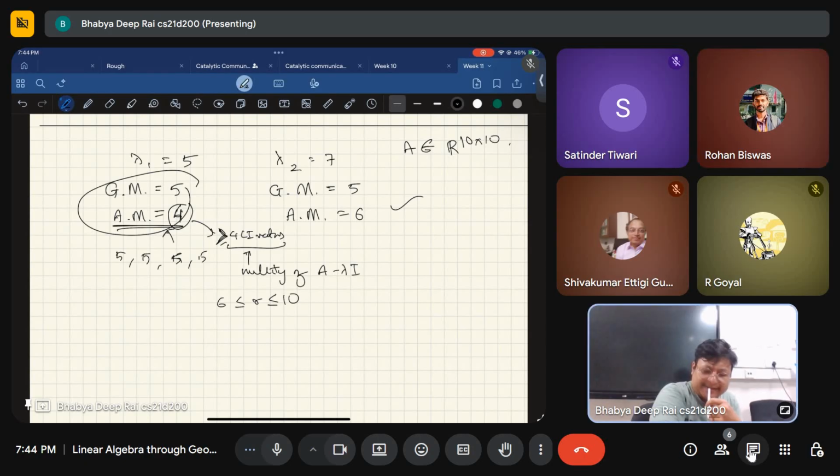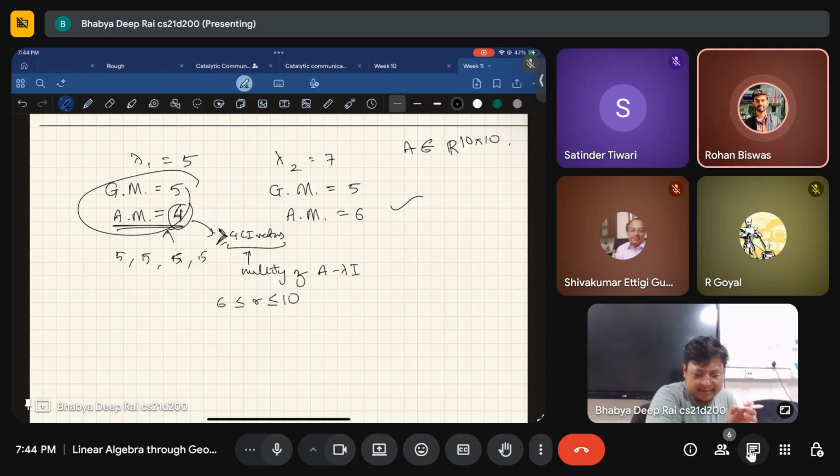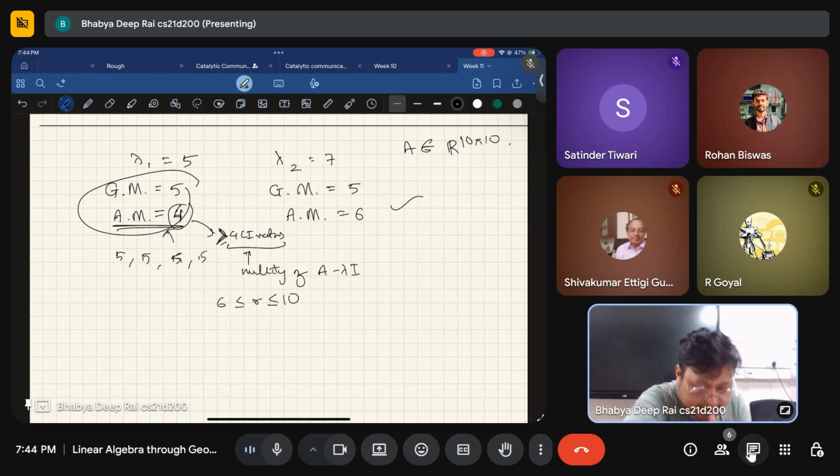Right. And if it fails, suppose rank becomes 5, then that is the problem. So whatever instance I have created, I have taken the rank to be 5 in that case, and that's why the problem is there. You can't say that, right?